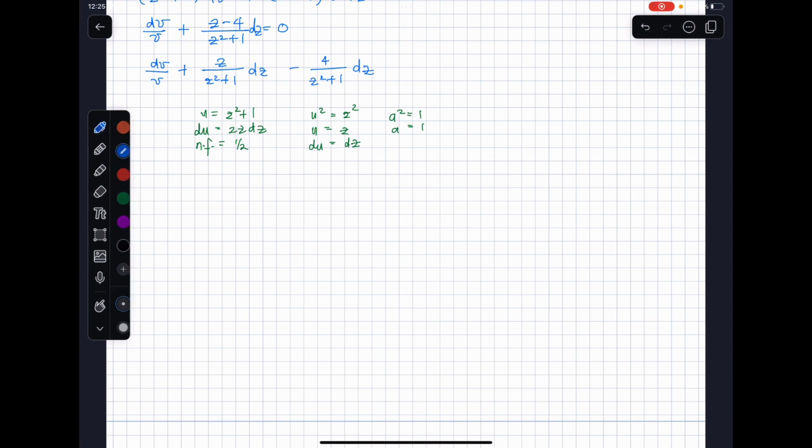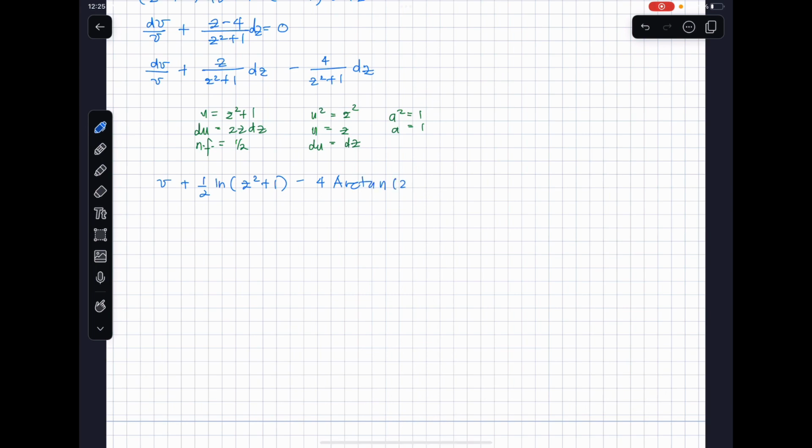So thus we can now integrate this as simply ln v, then plus 1/2 ln of z squared plus 1, and then minus 4, okay, and then the integral of dz over z squared plus 1 is 1 over a, so a is still 1, then arctangent of u over a, which is just simply z, is equal to C.